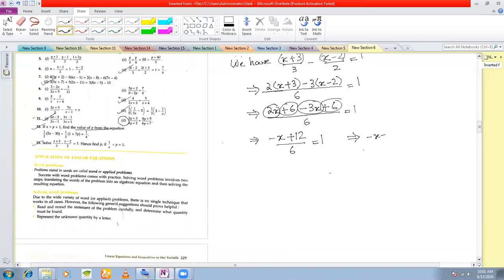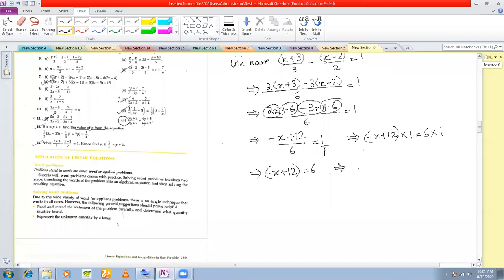So (−x + 12), you clearly have a hidden 1 here, into 1 must be equal to 6 into 1. −x + 12 is equal to 6.